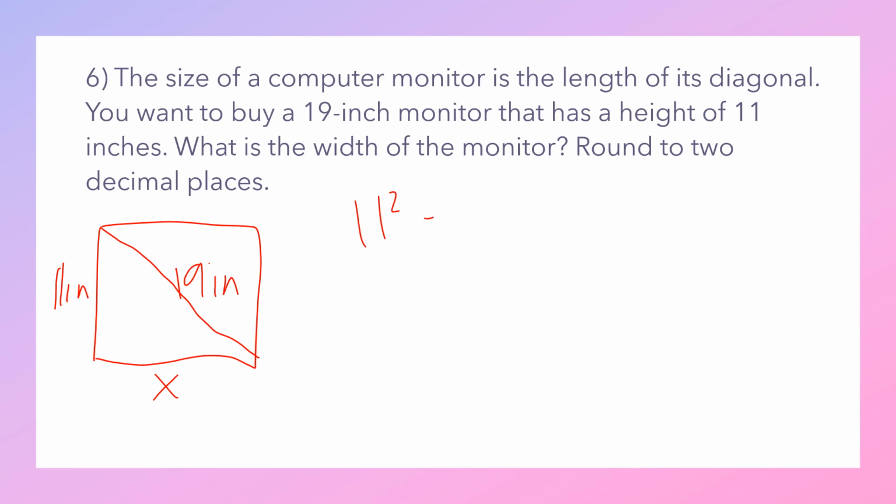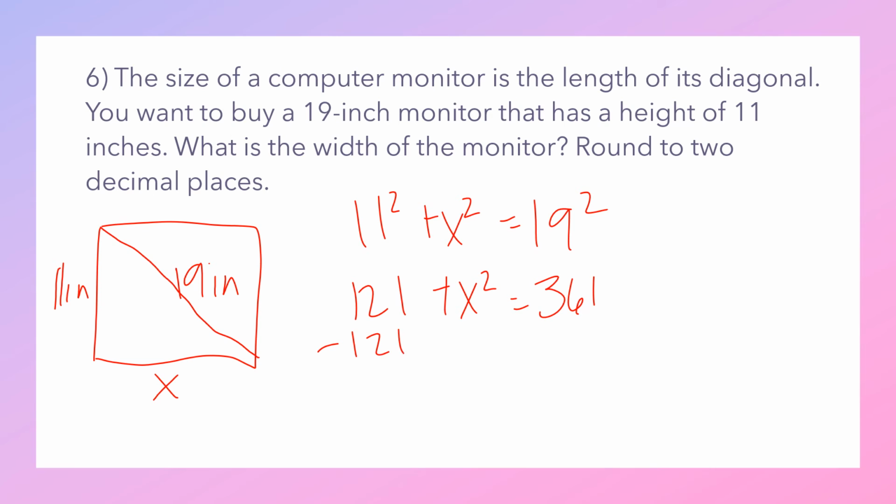So 11 squared plus x squared equals 19 squared. 11 squared is 121. 19 squared is 361. You would subtract 121 from both sides, and you'd get x squared equals 240.